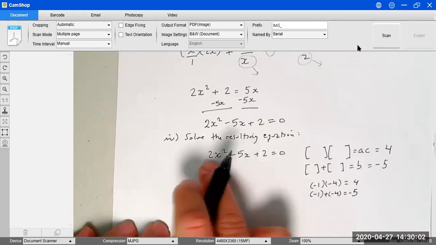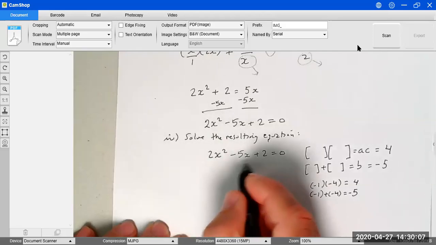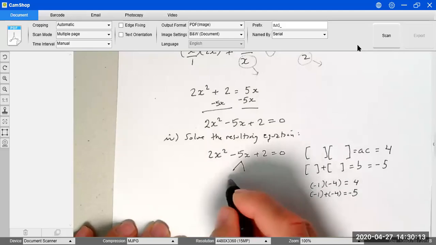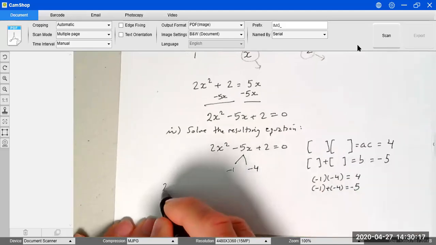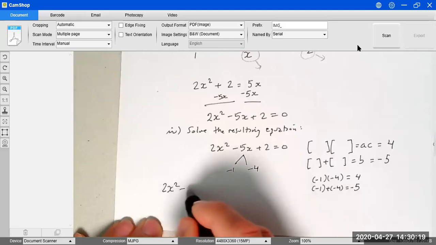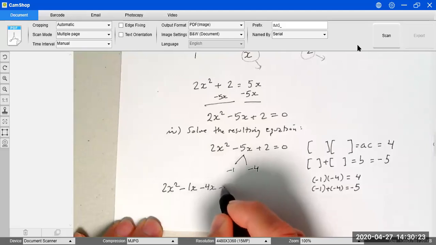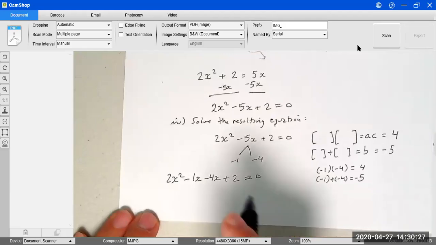So that means that we're going to rewrite this quadratic equation, this trinomial, and we're going to break the middle term by using these two numbers, negative 1, negative 4. So we're going to have 2x squared minus 1x minus 4x plus 2 equal to 0.